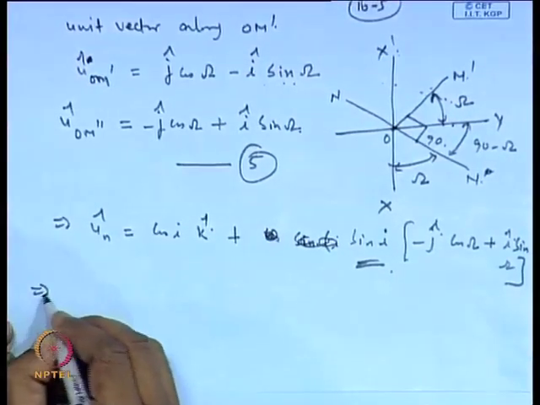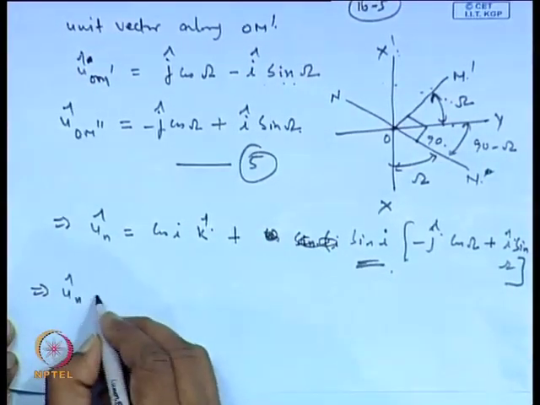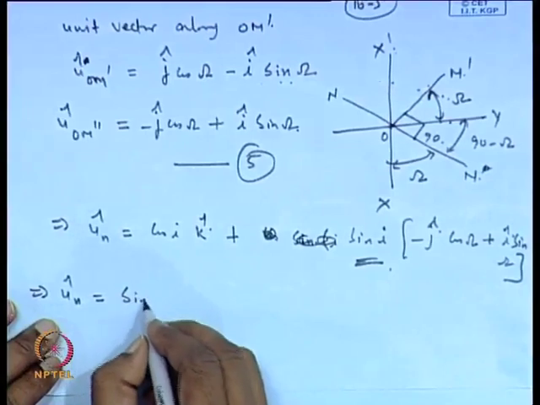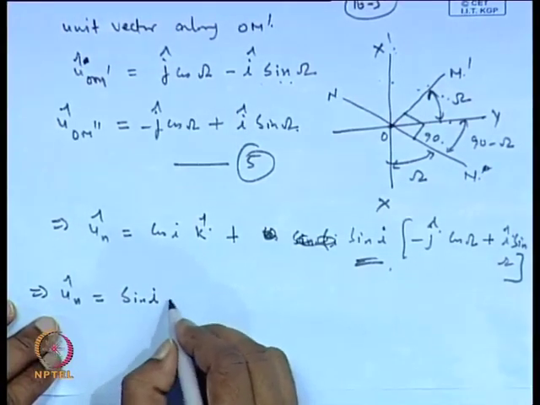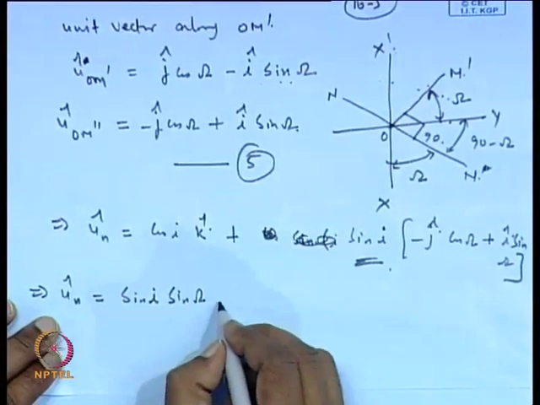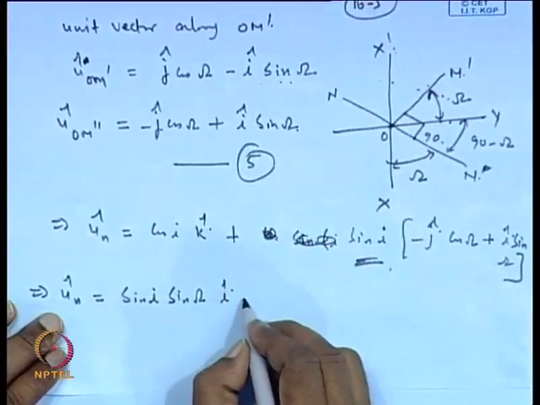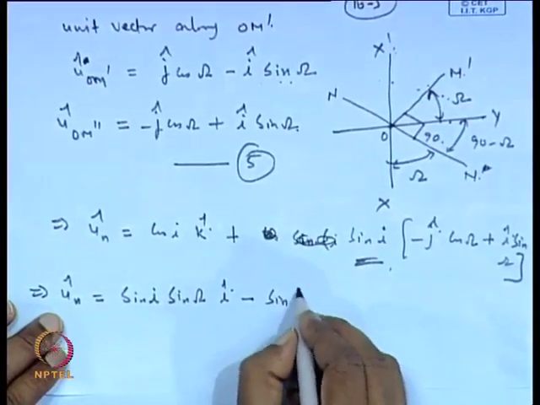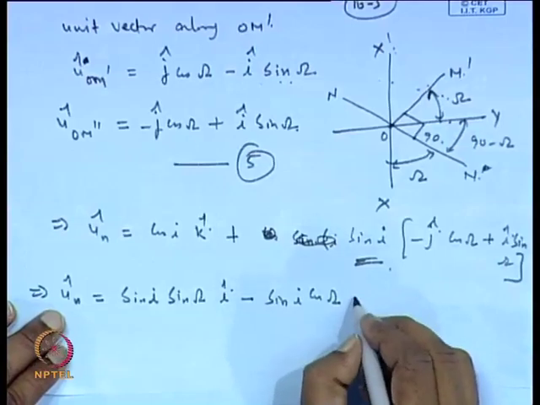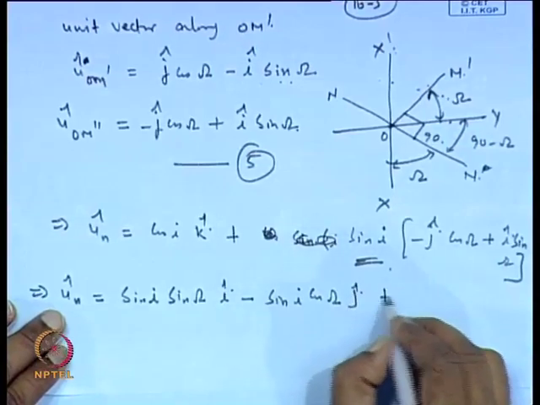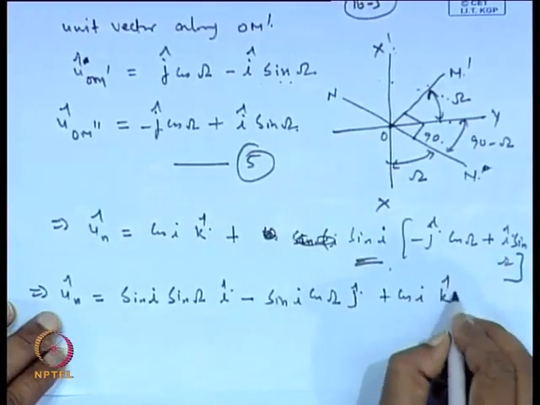Okay. So, expanding it, we can write U n cap is equal to sin I sin capital omega I cap minus sin I cos capital omega j cap plus cos I k.